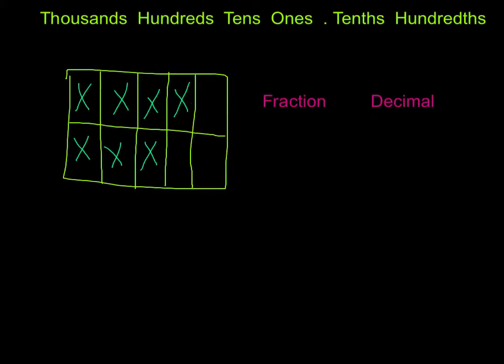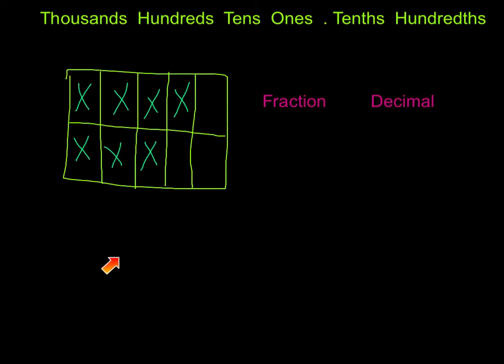Okay, so this first one here, you notice I still have my chart up here to just kind of remind us. We have a model here. And in this model, we have 1, 2, 3, 4, 5, 6, 7, 8, 9, 10 sections. And of those 10 sections, we have 1, 2, 3, 4, 5, 6, 7 shaded.